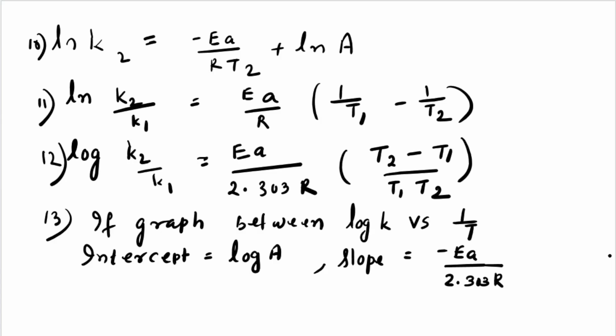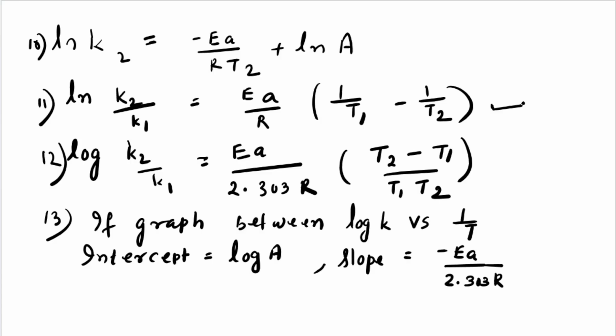If I divide these two, ln K2 by K1, that is ln K2 minus ln K1, which equals Ea by R times, one is 1 by T1, another is 1 by T2, so 1 by T1 minus 1 by T2.